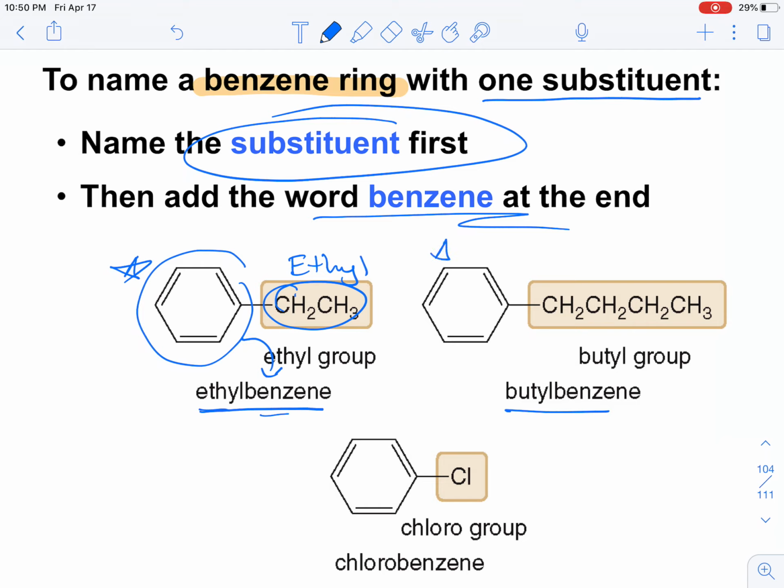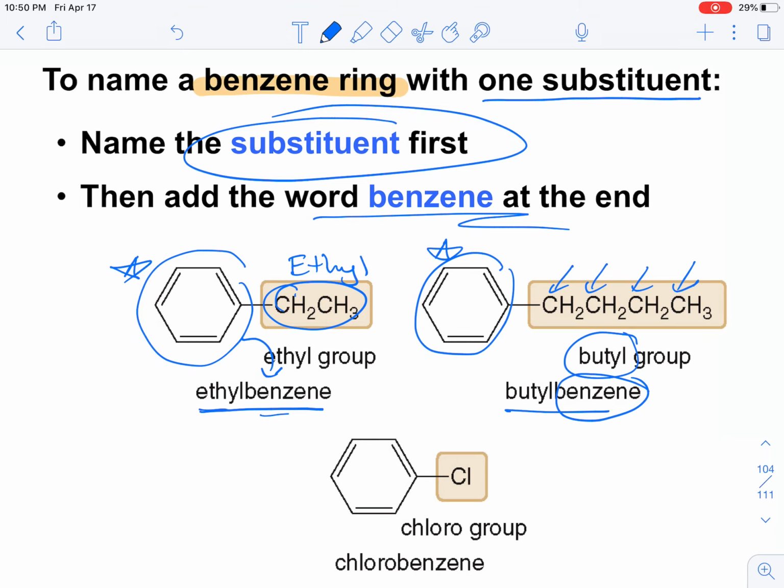If you guys are looking at the next example on the right, once again we see the benzene ring, and we see a 1, 2, 3, 4 carbon substituent. So that's a butyl. And so that butyl was derived from butane. And since it's a substituent, you drop the ANE and you add the YL.